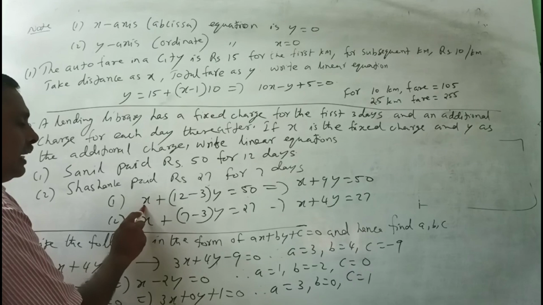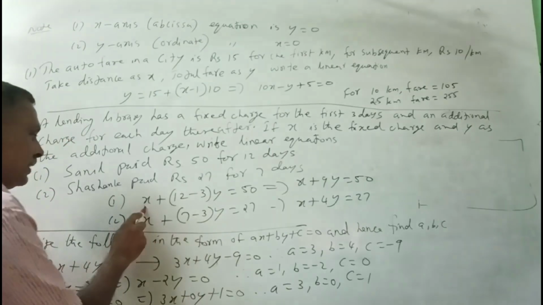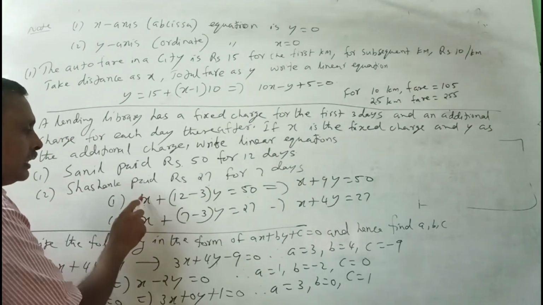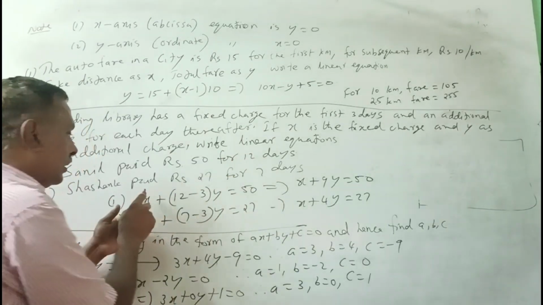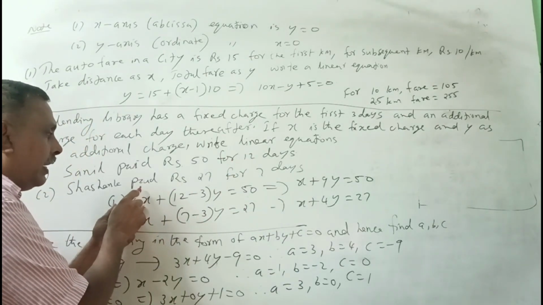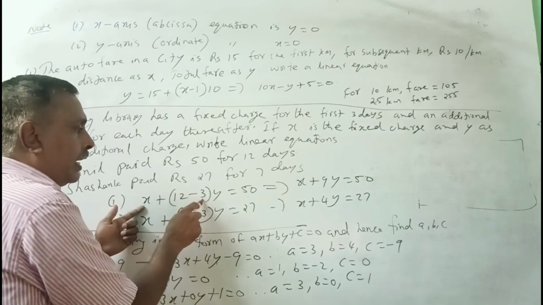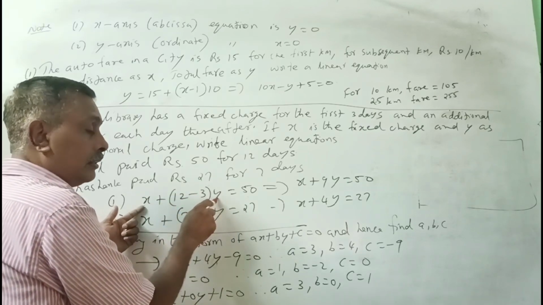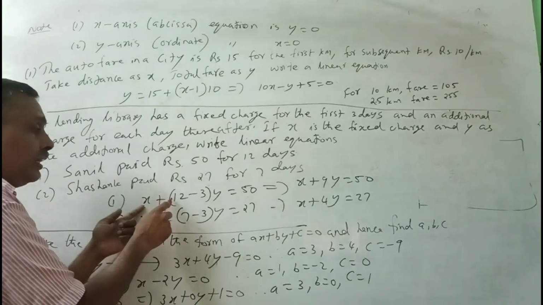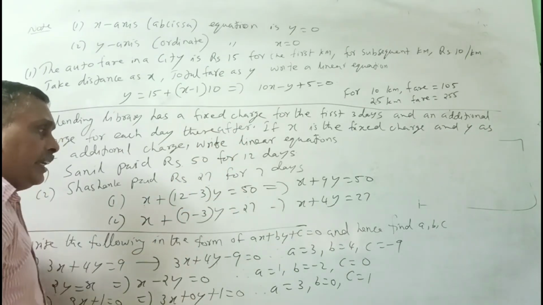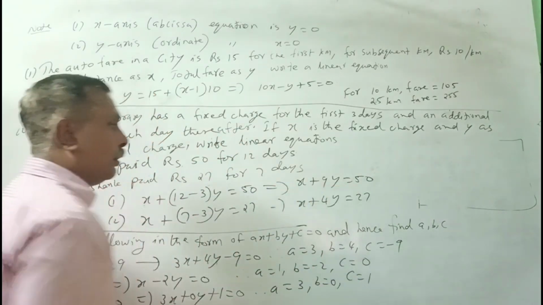Fixed charge, that is x. It is already given x is the fixed charge. This x is for 3 days. Now 12 days total he kept. So for 3 days he paid x, and for the remaining, 12 minus 3 into y, the additional charge after that. 12 minus 3 into y, that is equal to 50. Simplifying, x plus 9y equal to 50.